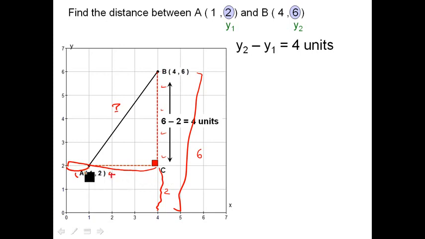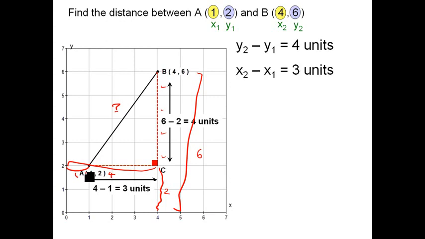So to find the distance from A to C, we're going to subtract 4 minus 1. 1 is x1 and 4 is x2. So 4 minus 1 is 3 units. So this is our second step. x2 minus x1 equals 3.